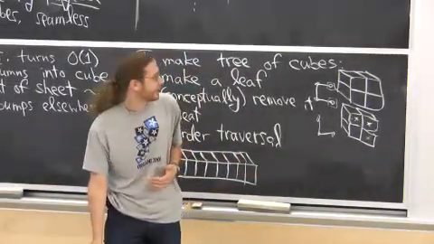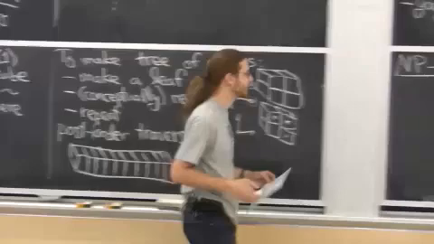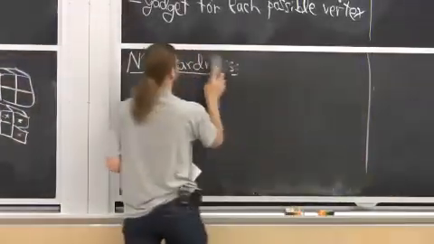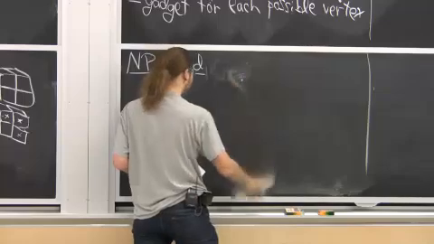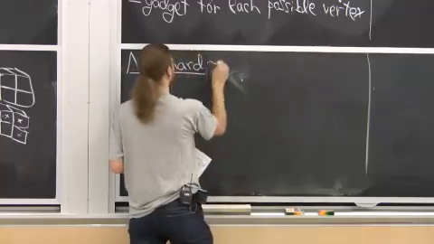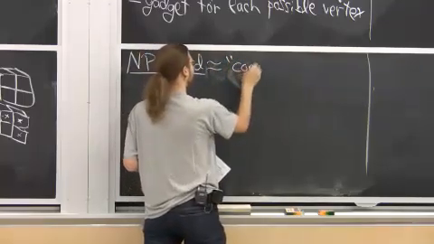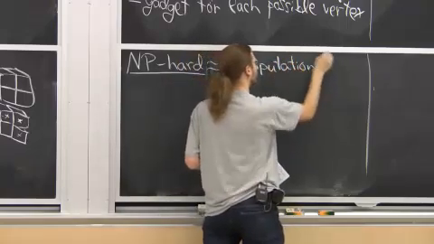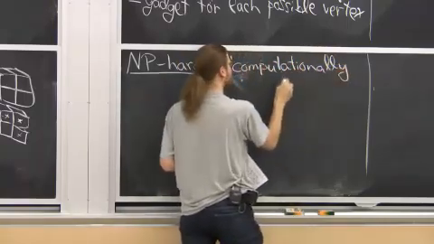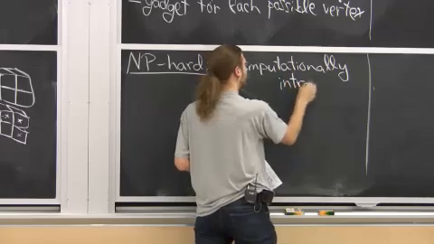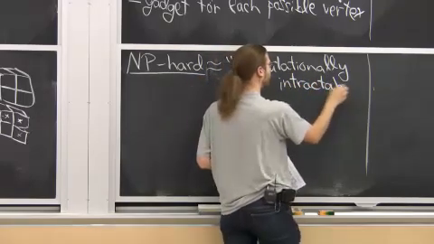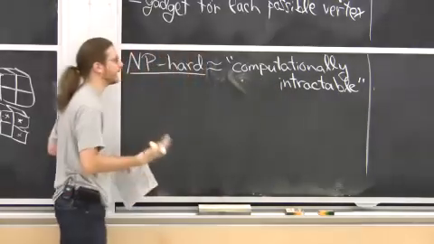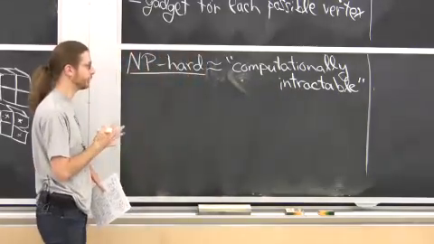And NP-hardness, I don't want to formally define it because it's a little bit technical, but a working definition, there are lots of working definitions that are super easy to tell you. So the informal version is that NP-hard problems are computationally intractable problems, meaning there's no tractable way, no efficient way to solve it on a computer.